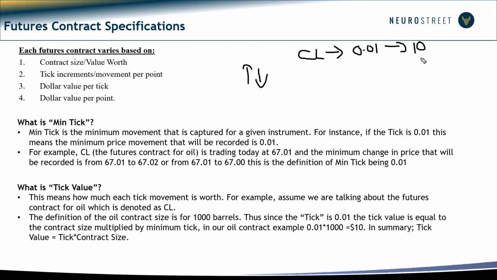Because it's valued in dollar increments, it could be valued at $67.05. And if we went to $67.35, that means this market went up 30 ticks.